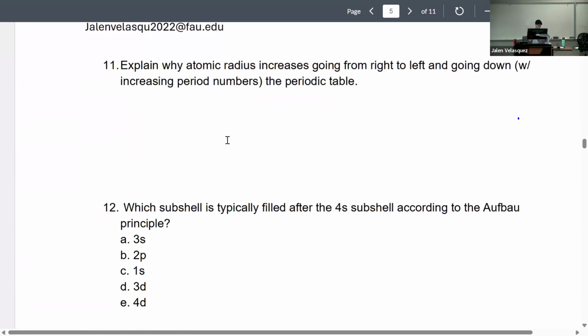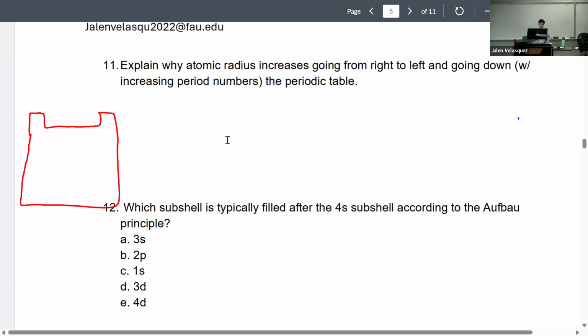All right. Number 11 says, explain why atomic radius increases going from right to left and going down with increasing period numbers going down the periodic table. So the periodic table kind of looks like this, right? So what's the trend for increasing atomic radius?